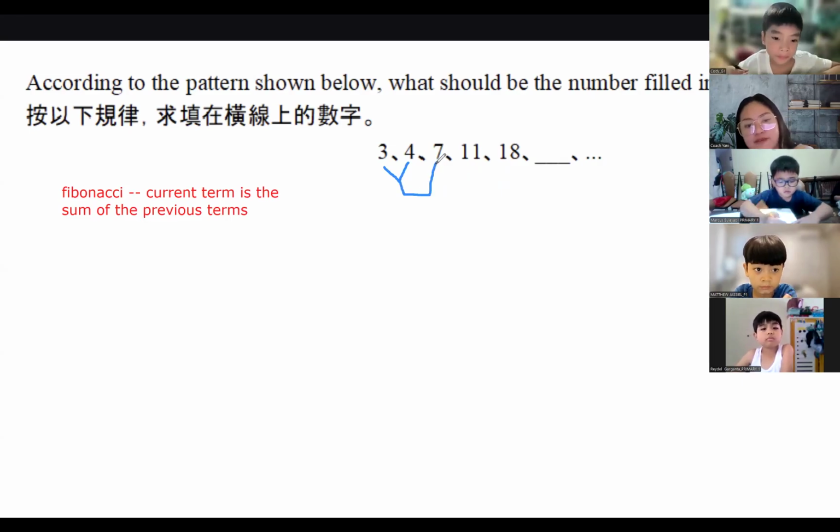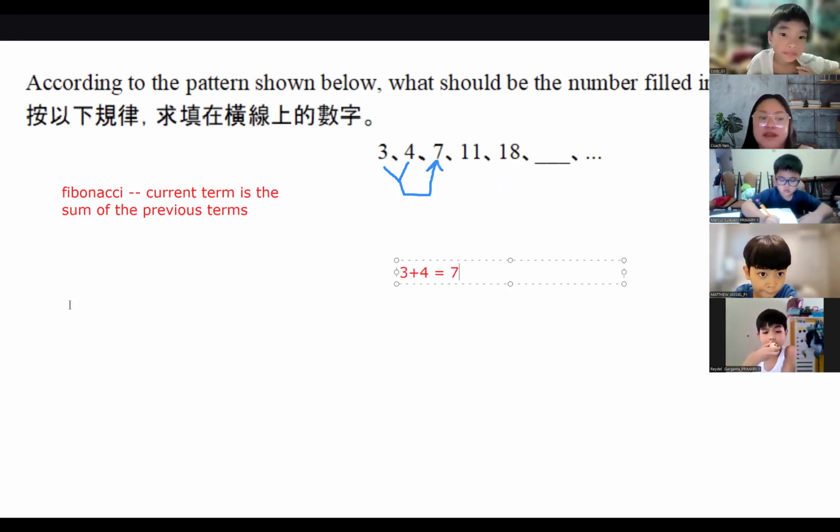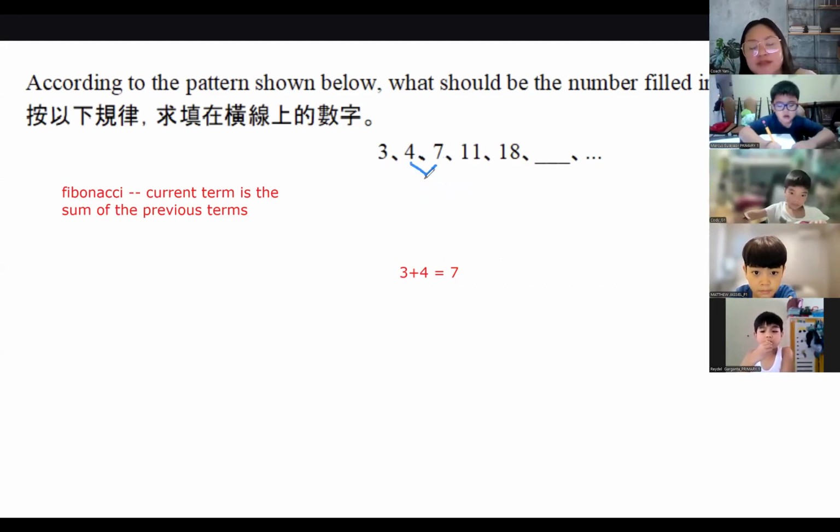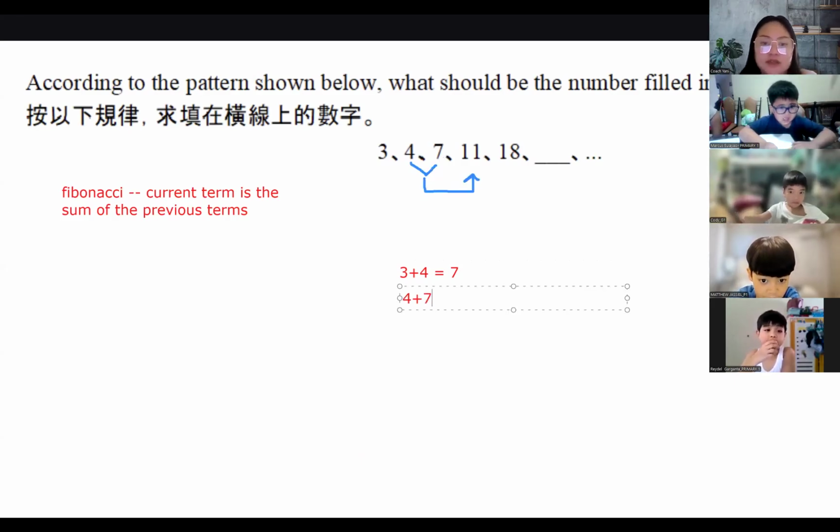Diba? 3 plus 4, that is going to be 7. And in order for this to be a Fibonacci pattern, it needs to be consistent all throughout. So it needs to be the same. 4 and 7, you check. It should give the next term, which is 11. See? So far, it is working.